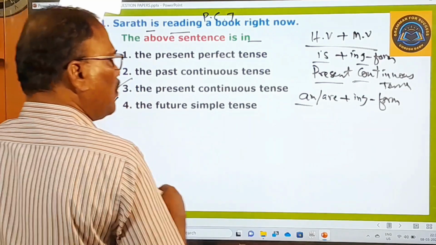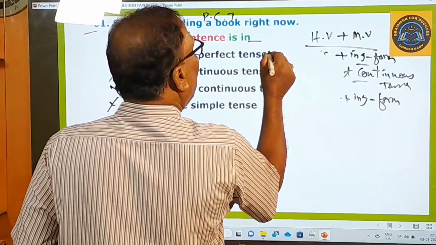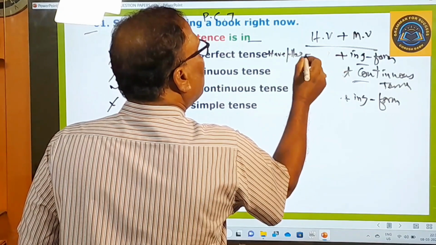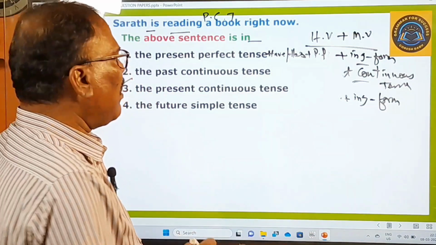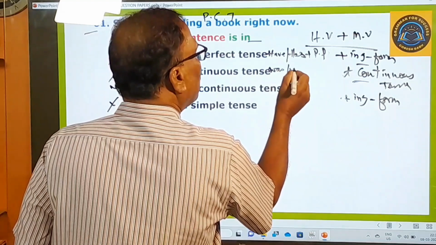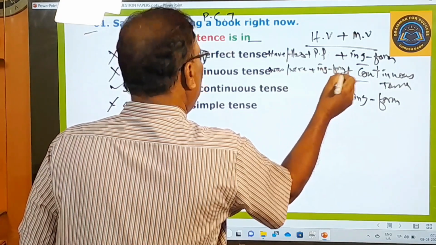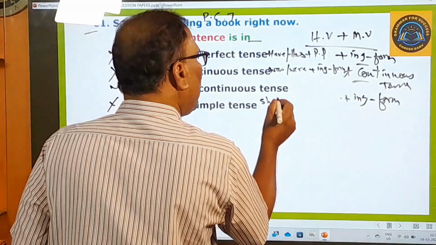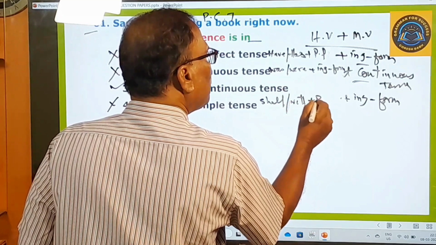To give you additional information, the features of present perfect are have, has, plus pp, past participle form, that is the last form of the verb. Past continuous features are was, were, plus ing form. The features of simple future are shall or will plus base form verb.